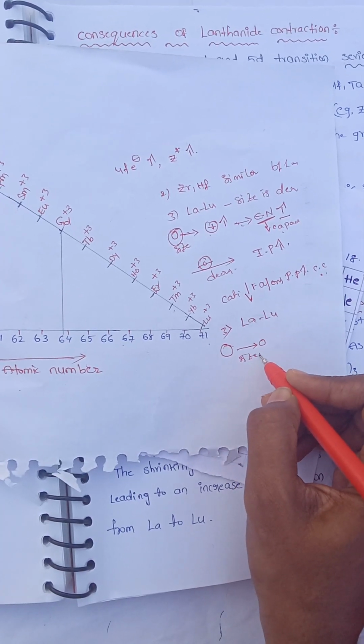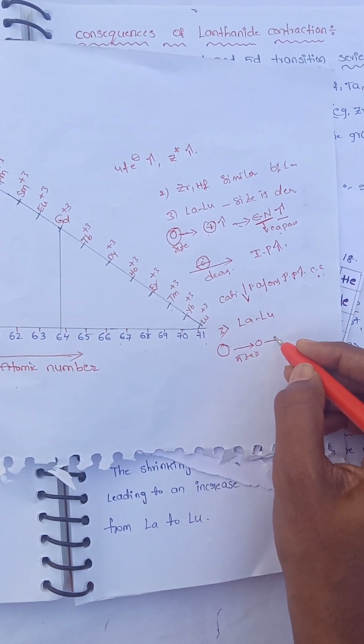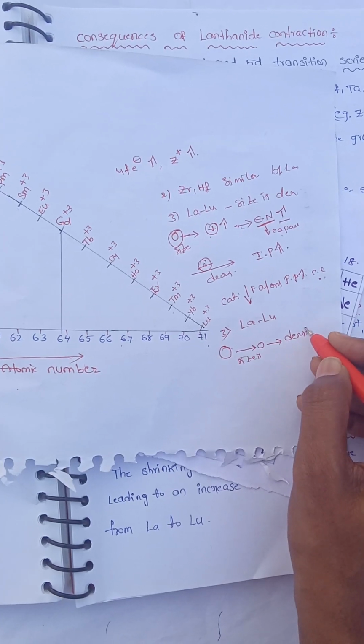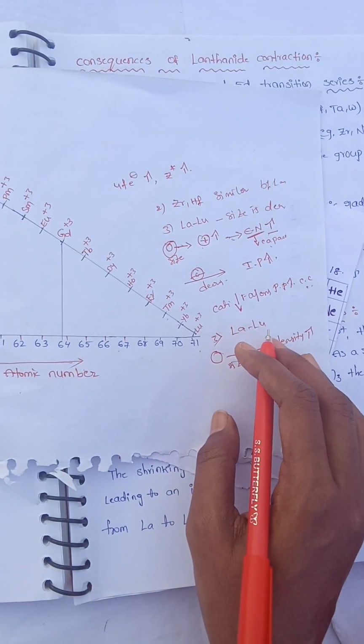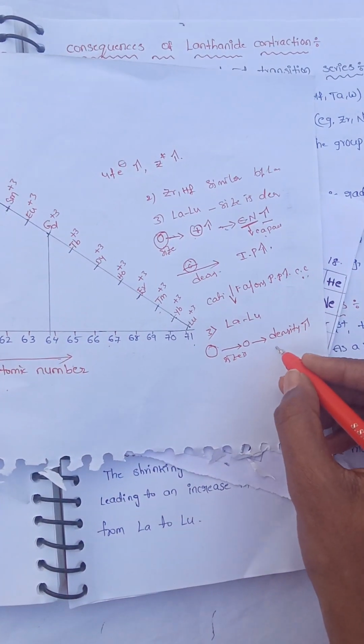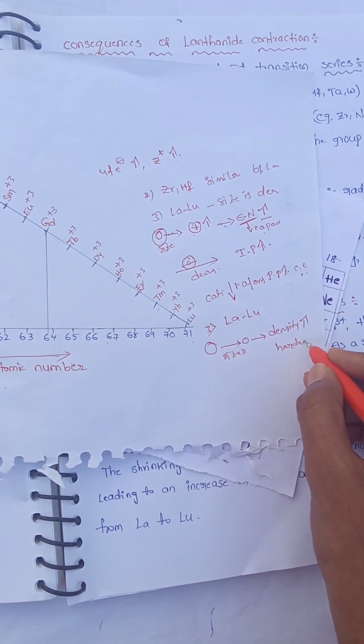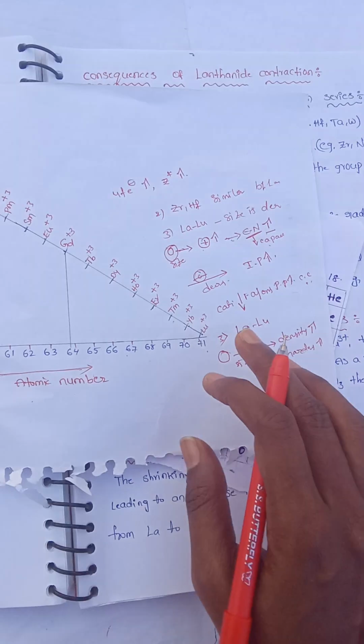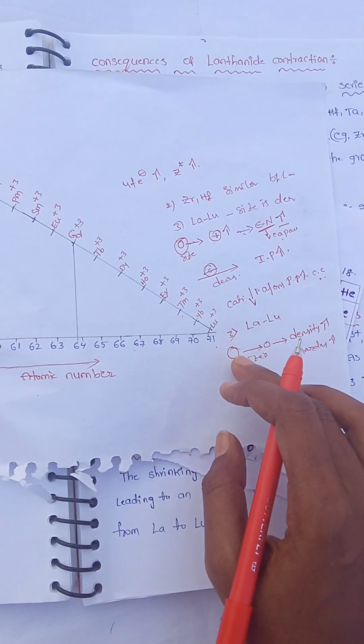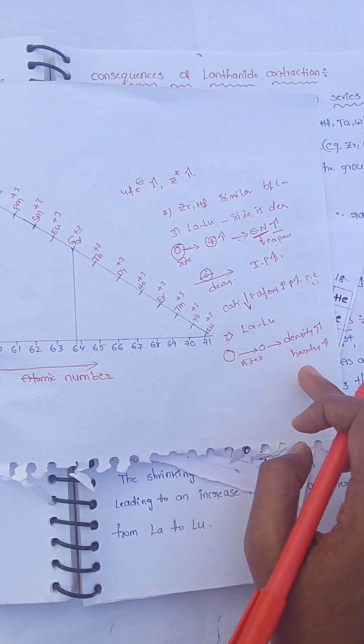When size decreases, density increases and hardness increases. The third one: lanthanum to lutetium, size decreases, density increases, hardness increases.